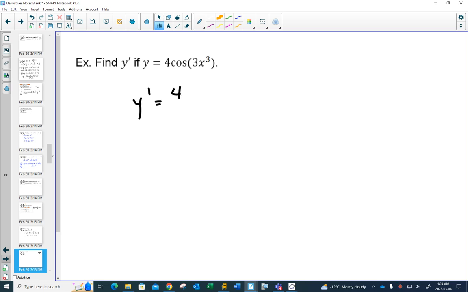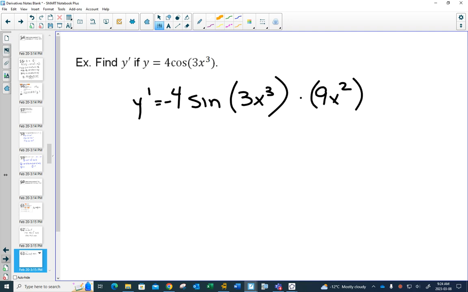The derivative of cos is negative sine, because cos goes down right away. I would keep the inside the same and then multiply by the derivative of my inside function.